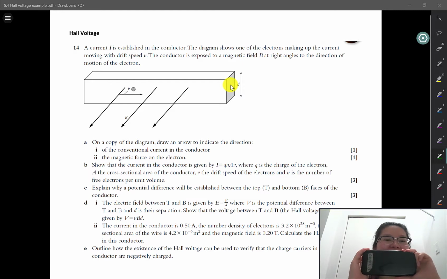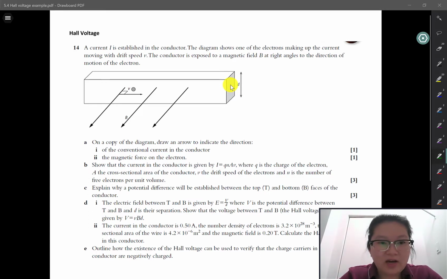The interesting thing about different conductors is that some conductors have positive charge carriers, which the Hall effect can also confirm. So the Hall voltage is specifically the potential difference across these two sides based off the charge that's collected on either side. And yes, it does depend on the current running through the conductor as well, which we will see in a second. So let's begin with this question.